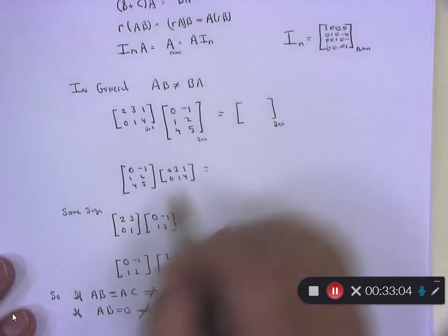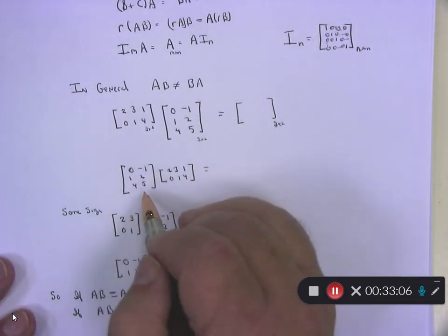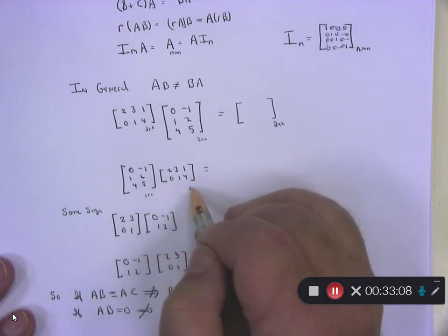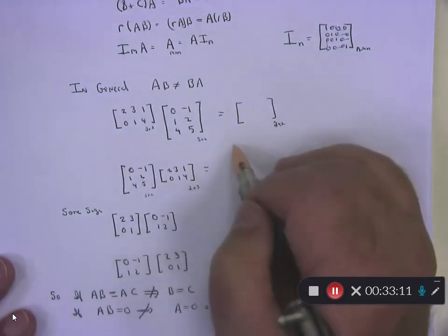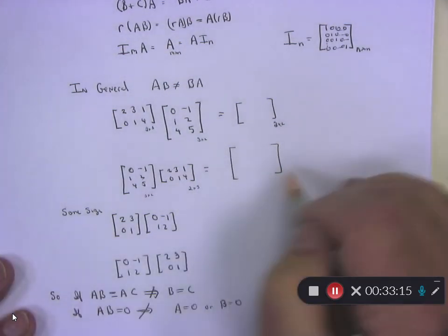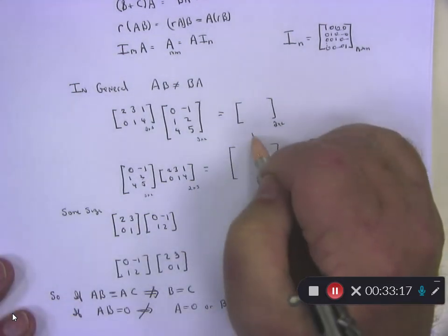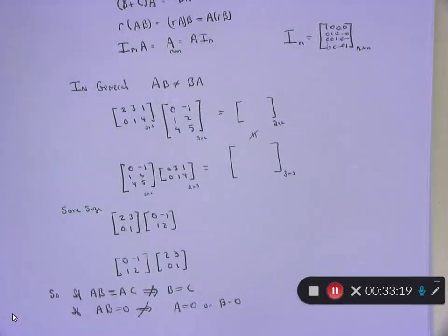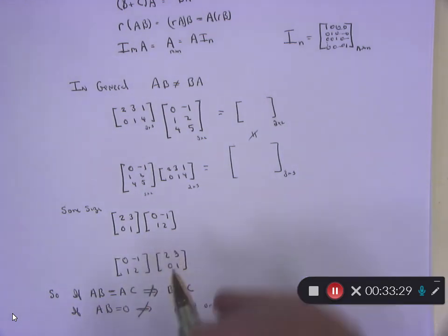But if you switch this up, now this is going to be a 3 by 2 times a 2 by 3. We can multiply it, but what size matrix would this guy be? 3 by 3. And you can clearly see, even without multiplying it out, they're not going to be the same size. So they're not going to be the exact same matrix. Does that make sense?